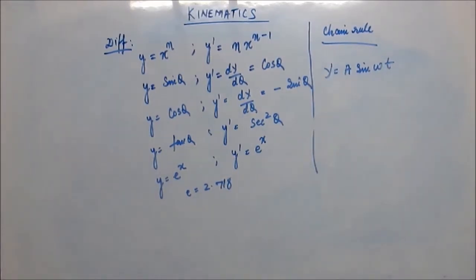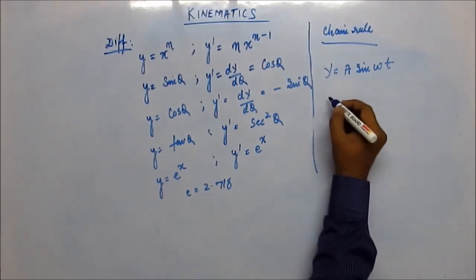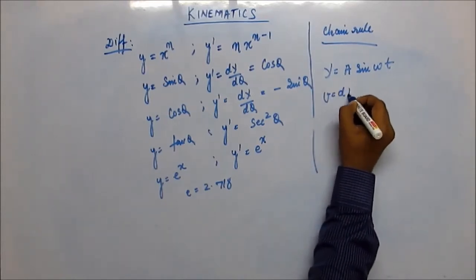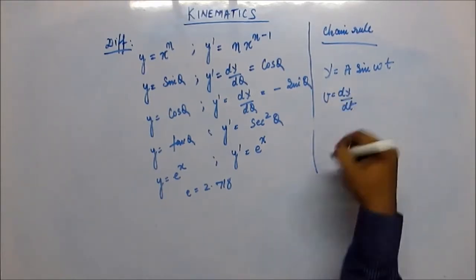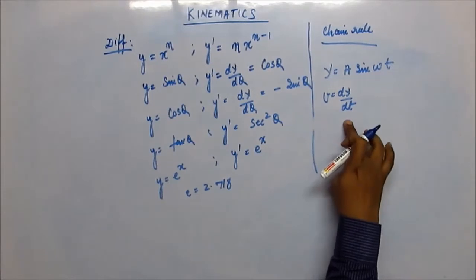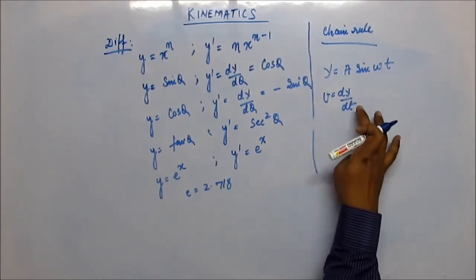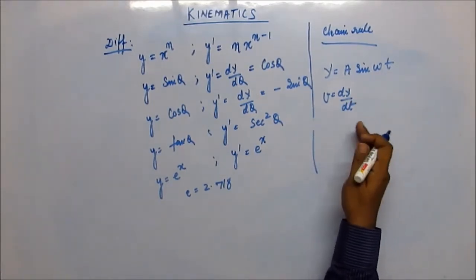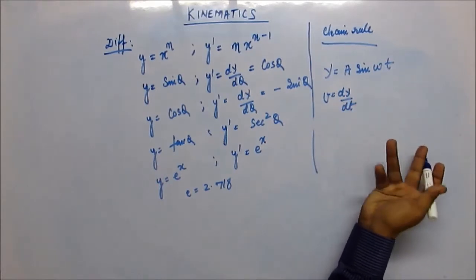So they are asking what is the velocity of this particular particle as a function of time. That should be very easy. Velocity is the first differential of displacement with respect to time. Velocity is ds by dt. Here s is y actually, dy by dt. This is what velocity is.